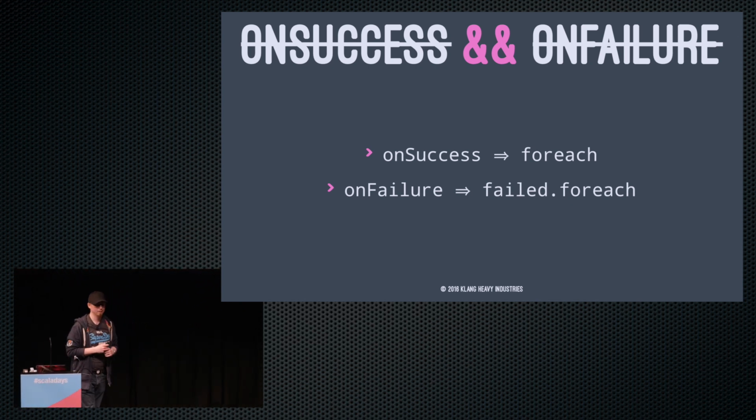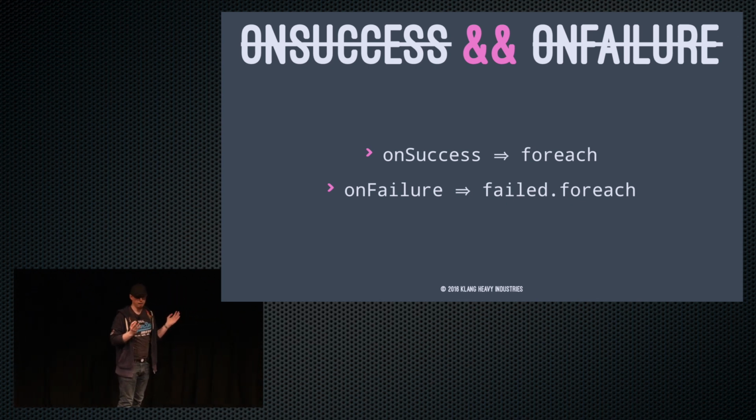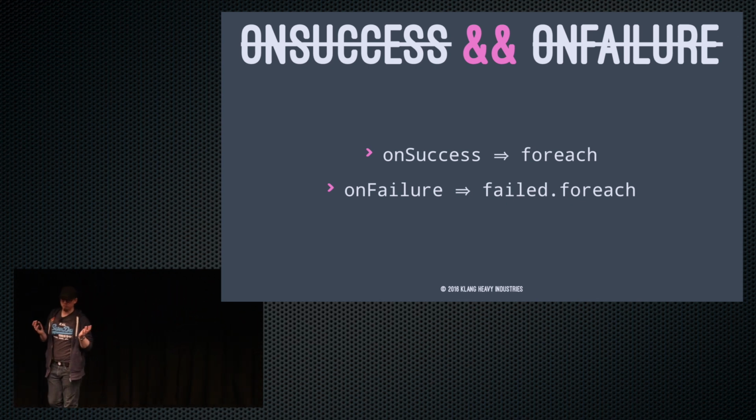Well, turns out that onSuccess is just a partial version of foreach. It takes a partial function. And onFailure is just a partial version of failed.foreach. So why have multiple ways of doing the same thing? When would you decide to use whichever of them? So that's why they're deprecated.